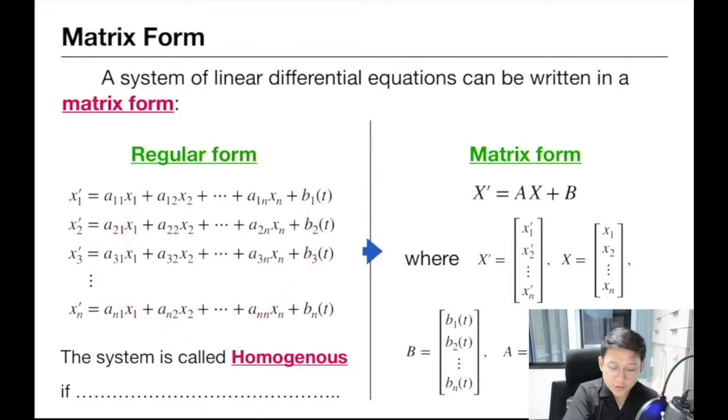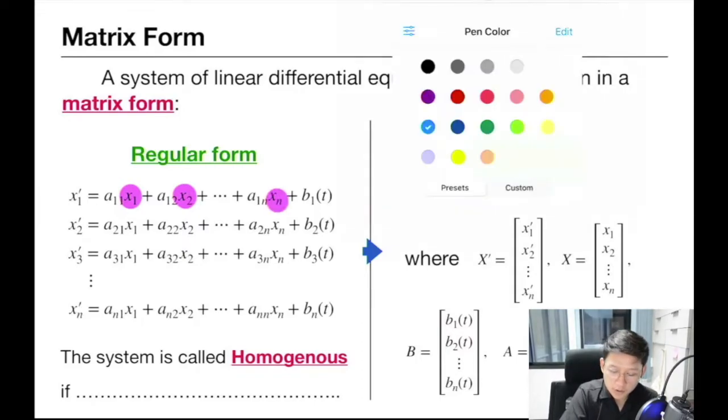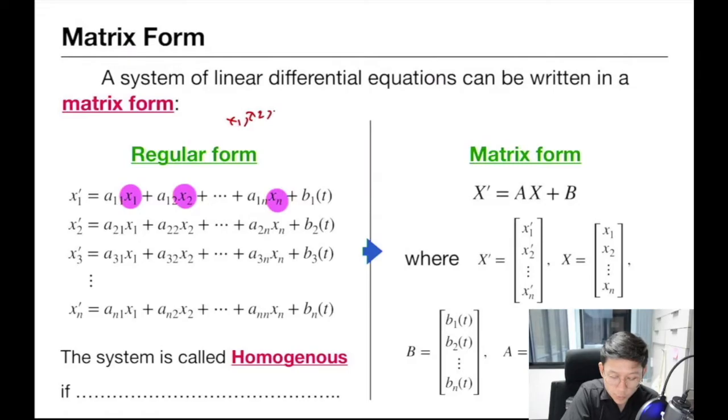The left hand side, this one. As you can see, this is the first variable, the second dependent variable, and we have xn. So here x1, x2 to xn are dependent variables, and this guy t, b is a function of t, so b(t) can be like 5t plus 5 or e to the t, or stuff like that.